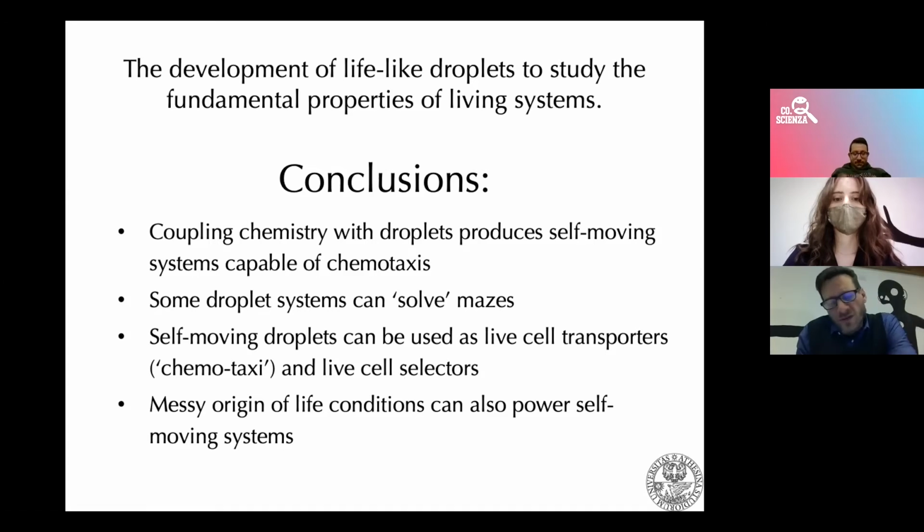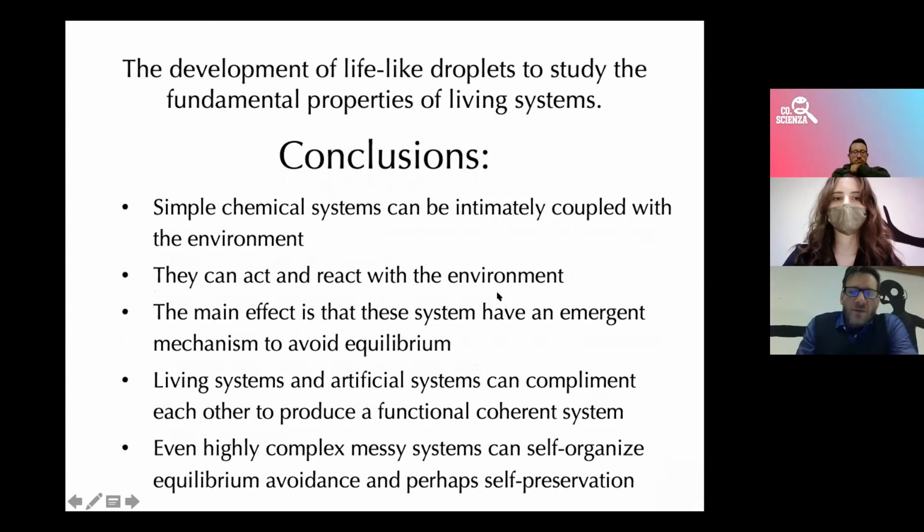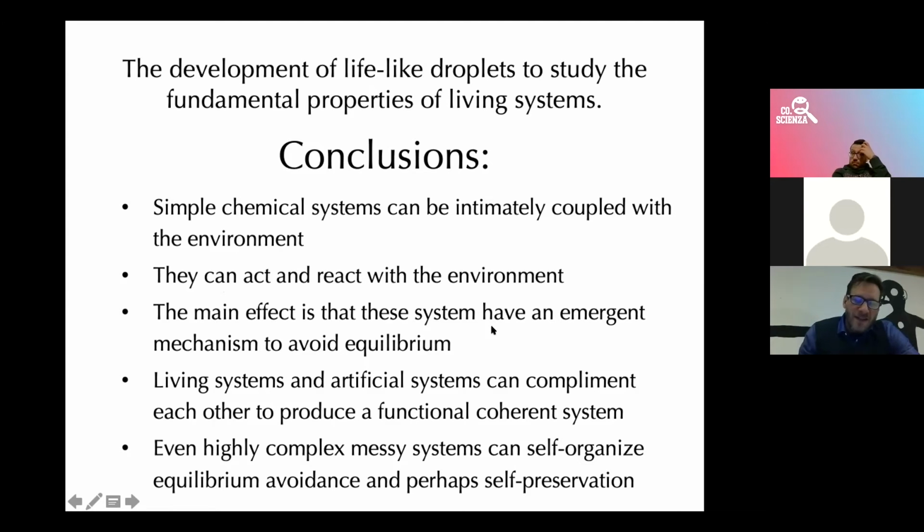They don't do it so well. I mean, the movement is not as great as when you use purified components, but the system still works in principle. And so what we're interested in here is how these simple chemical systems, apart from the messy chemistry stuff, we're finding are intimately coupled with the environment. That's key, that these things could act on and react with the environment. And that's why it makes them so interesting. And so what you see are these emergent mechanisms to avoid equilibrium.